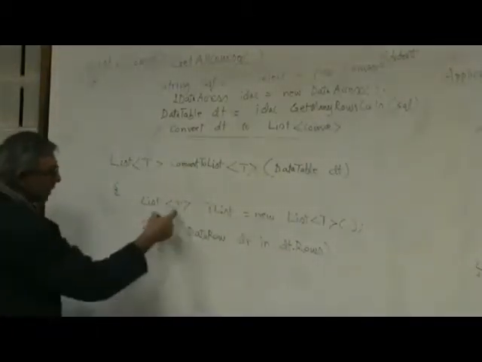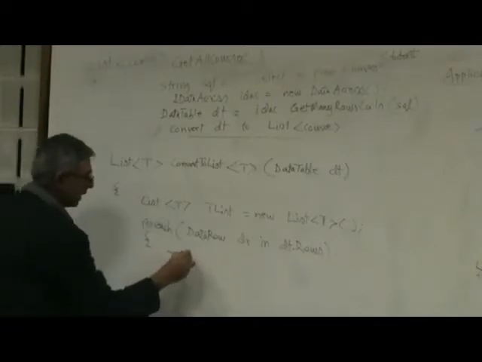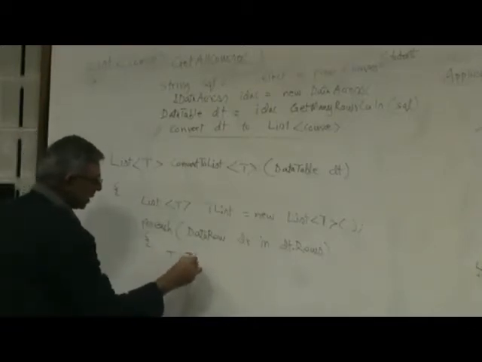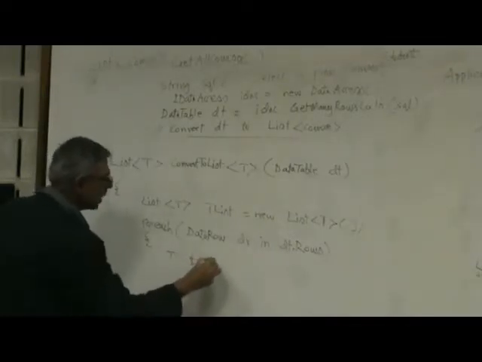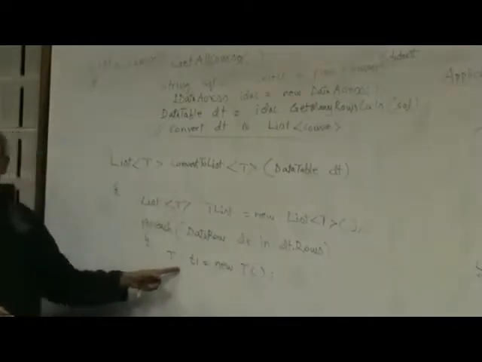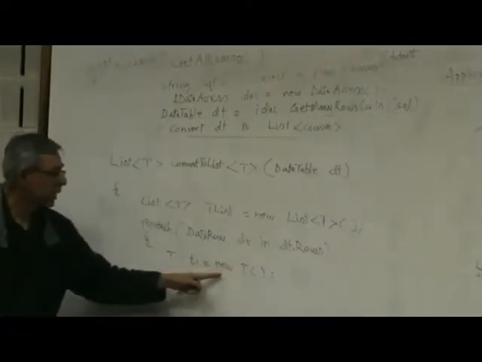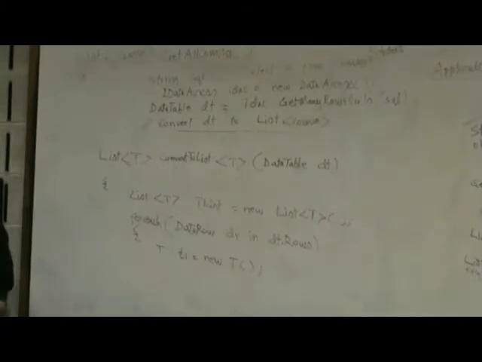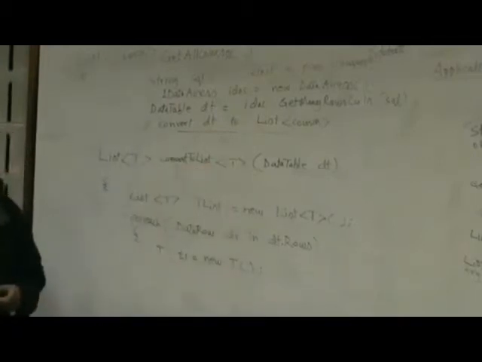So we will first create one object of this T. Suppose T1 equal to new T. Okay, since we need to create an object of this type T, right? Do we need a constraint over here? I remember last time we discussed what will happen if somebody called this with an integer?